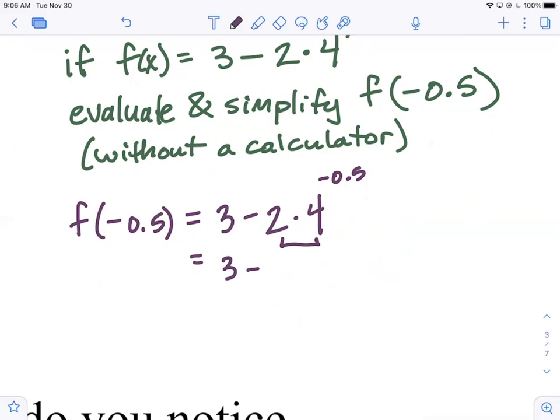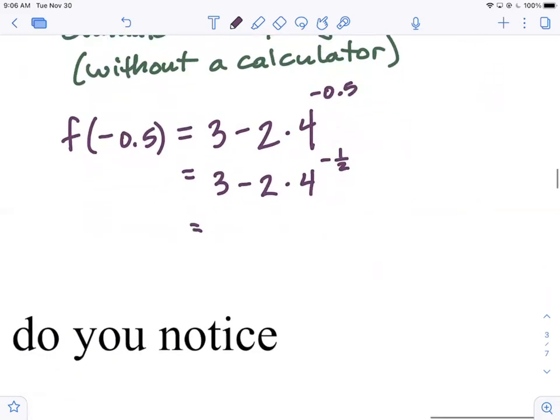No, because the bases aren't the same, all right? But what I can do is, as Brady said, I can rewrite negative 0.5 as negative 1/2. Okay, that's kind of how we've been working with things in a non-calculator situation. Your calculator doesn't care if you typed it in as a decimal or as a fraction.